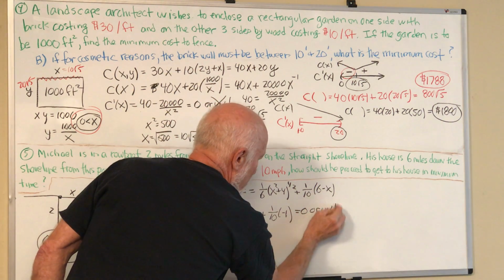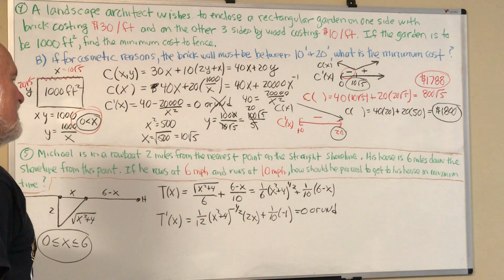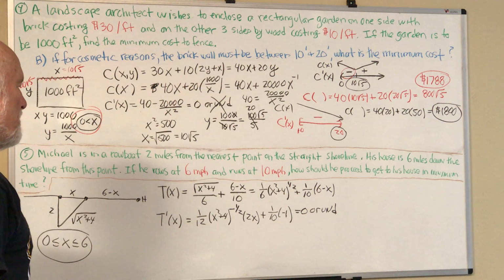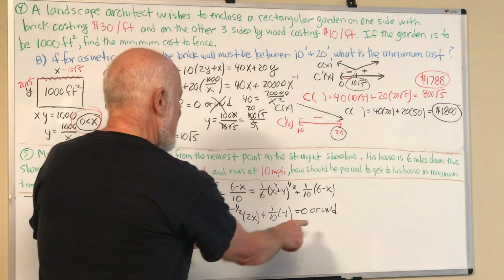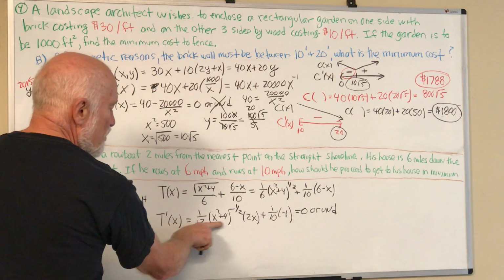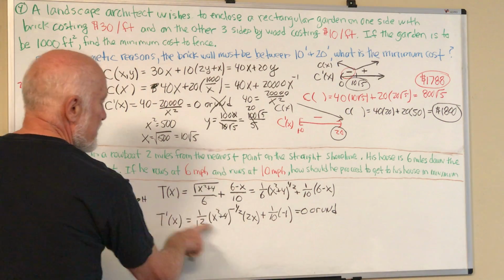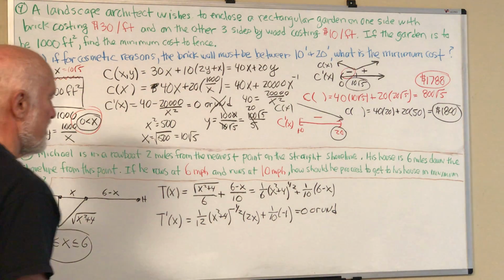We want to look for critical values, so we set that equal to 0 or undefined. So we have a little bit of algebra to do here. I think it's never going to be undefined because this is always positive in here. The square root is never going to be negative or 0. So we have no real problems there.